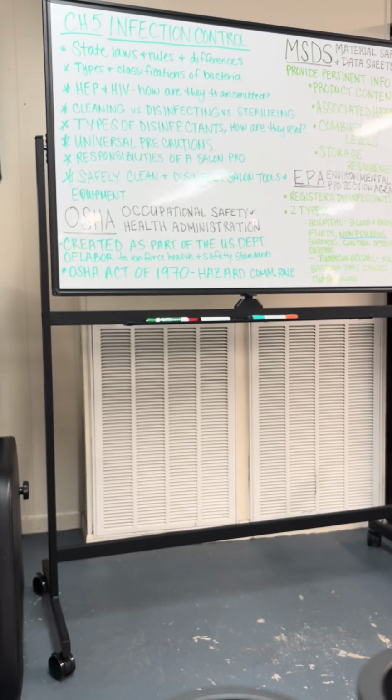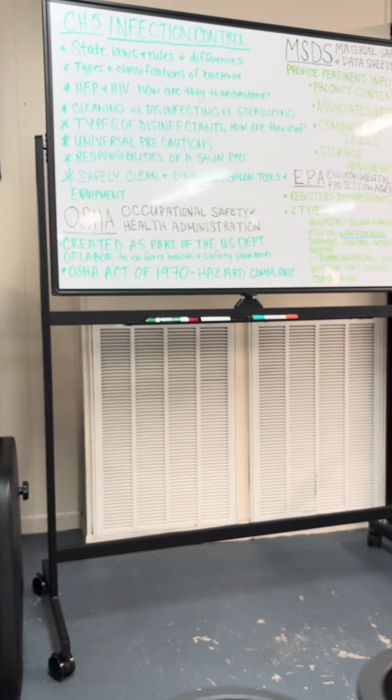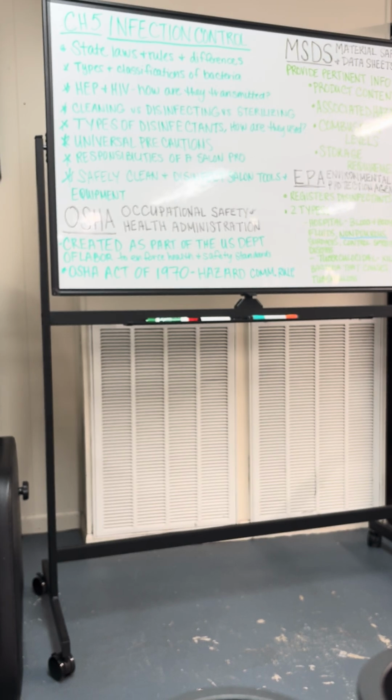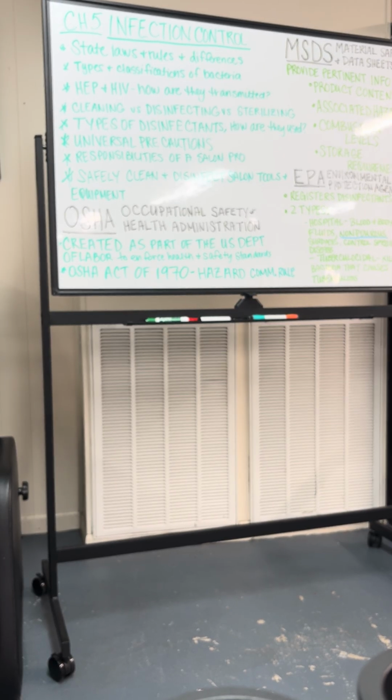So every product, every disinfectant, every cleaning thing that we have in here, we have a book, and it's full of MSDSs. Y'all can look back and forth at that.